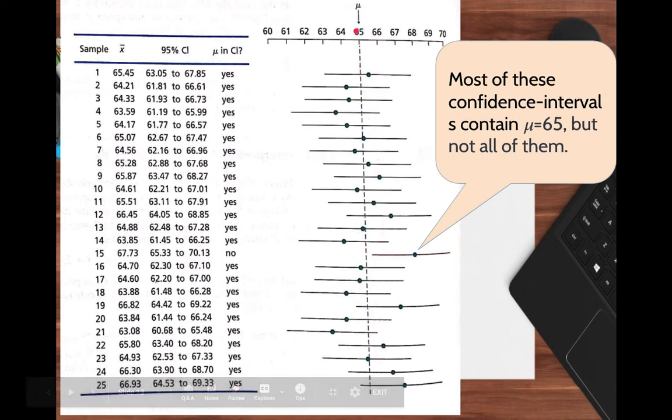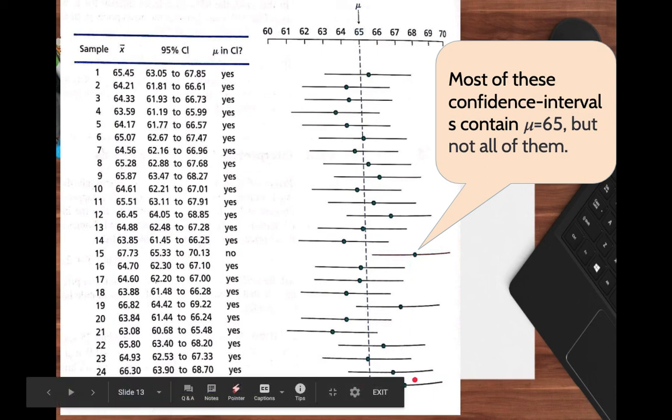You see, here's my 65. Most of these samples do contain mu. We're 95% confident our confidence interval is going to contain mu. And most of the time, out of these 25, 24 of them do. But here's one sample that doesn't.